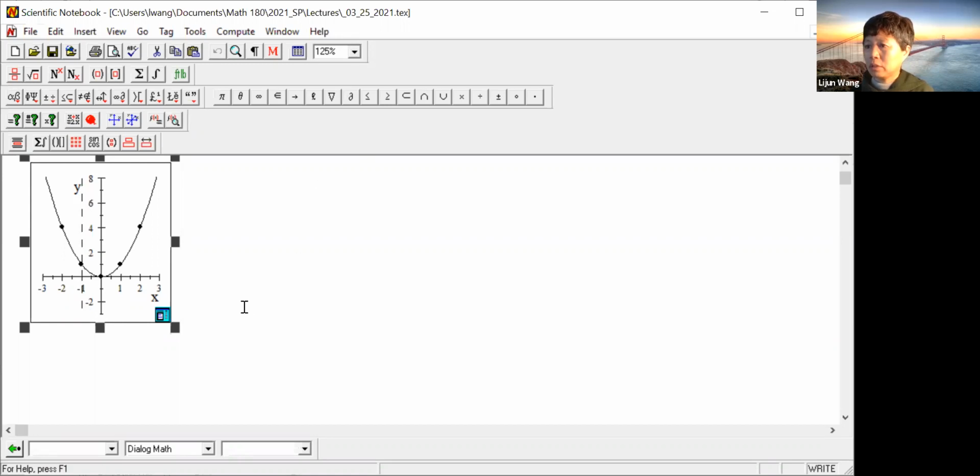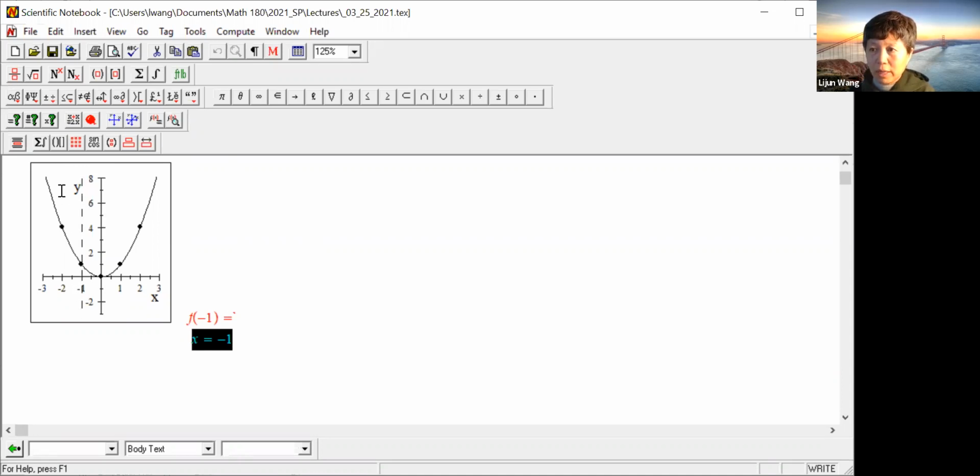Let me write it out here. f of -1, that -1 is the input, so this tells us the input is -1. This line is the vertical line we drew here. Do you follow me?